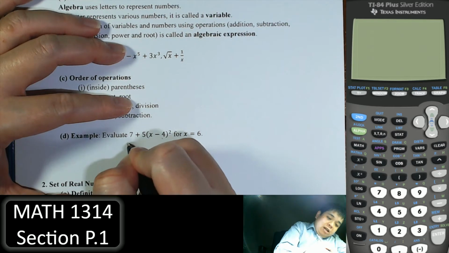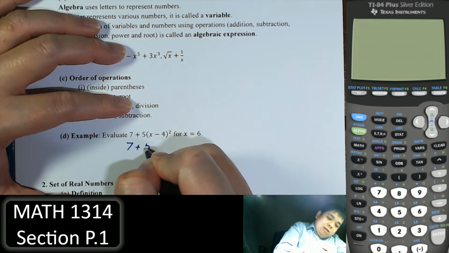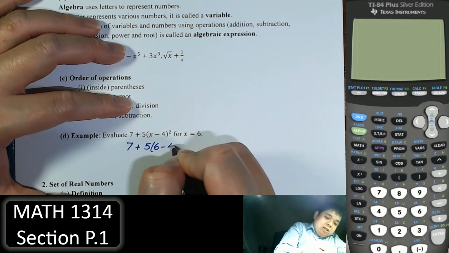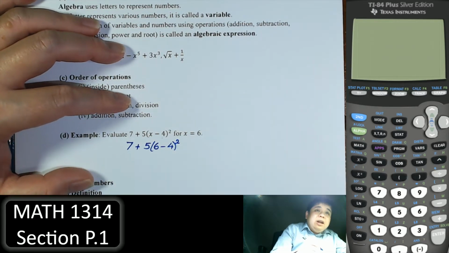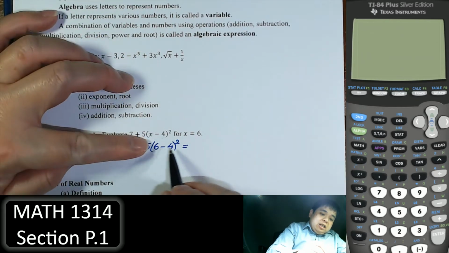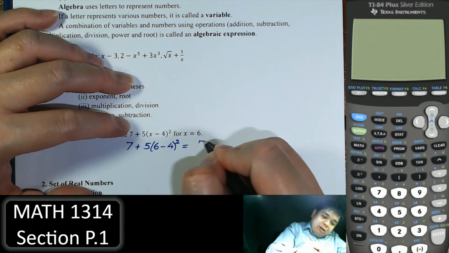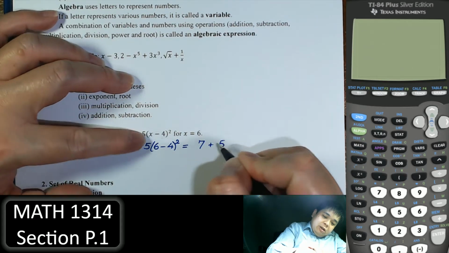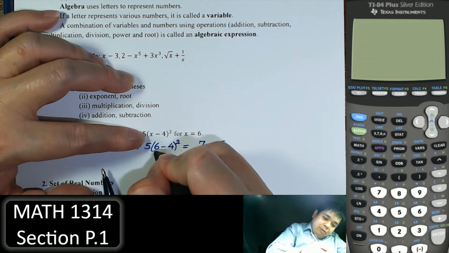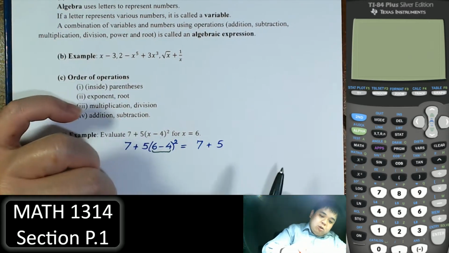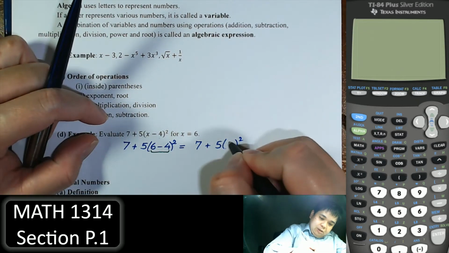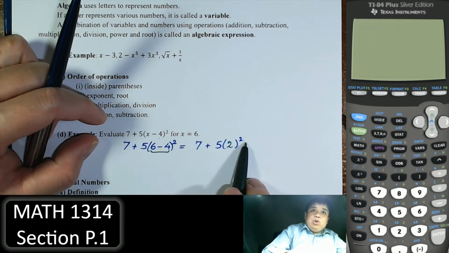Let's do this by hand. Now x equal to 6, so we can replace x with 6. And then order of operation. Inside the parentheses first, so we have 7 plus 5 times (6 minus 4). This is the first thing we'll do. It's going to be 2. And now we do 2 squared.